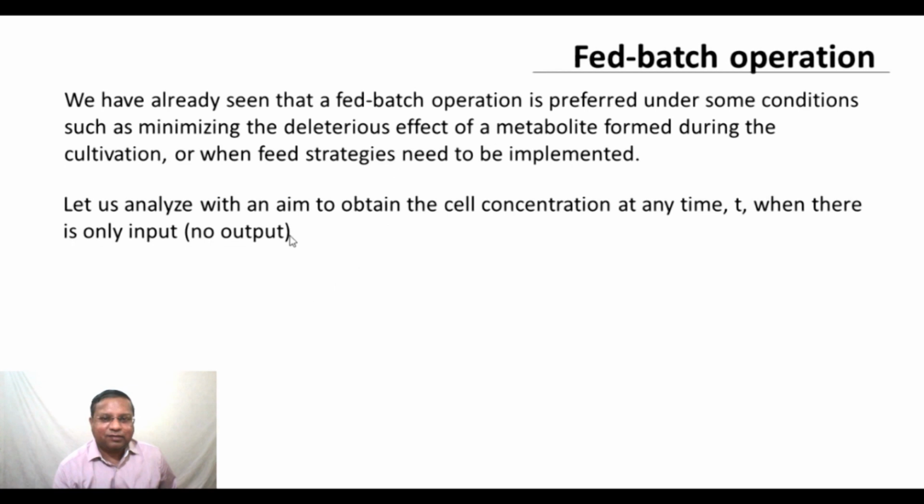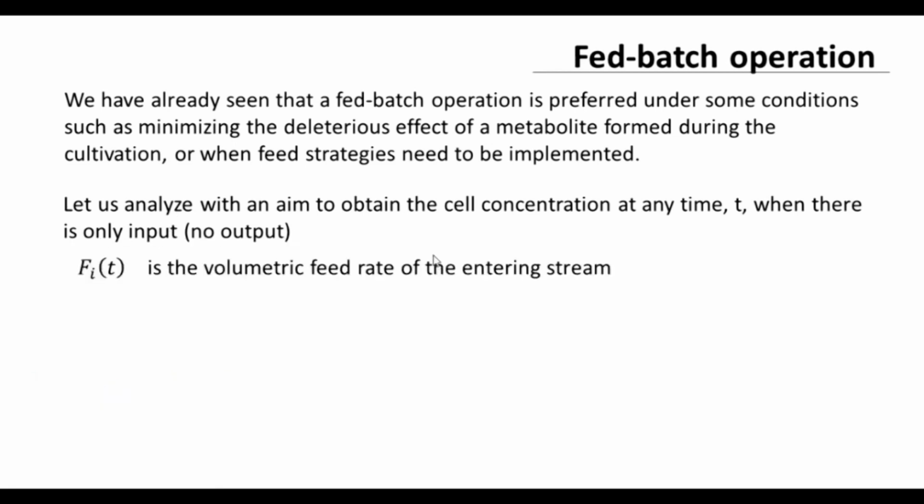And let us analyze this operation with an aim to obtain the cell concentration at any time t when there is only input. I am just taking one simple case to start you on the analysis. It can get a lot more complex. As long as you know the functionality, you will be able to get expressions and solve them towards your needs later. So in this case, there is only input, there is no output.